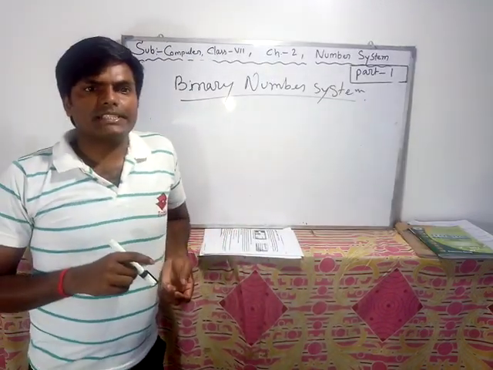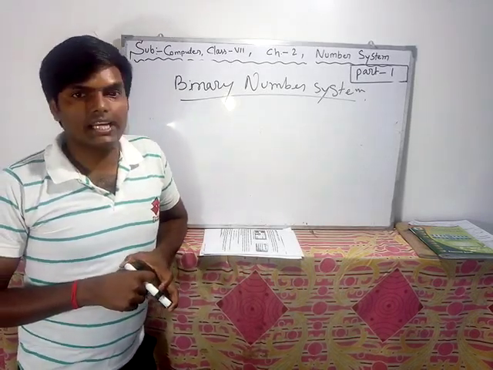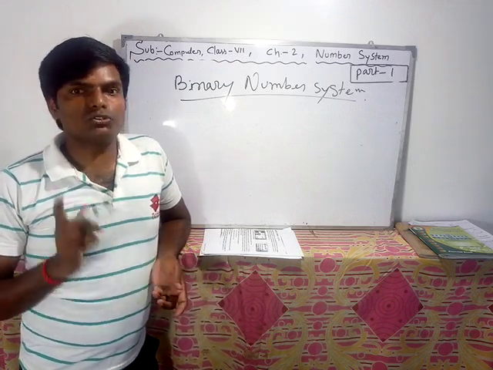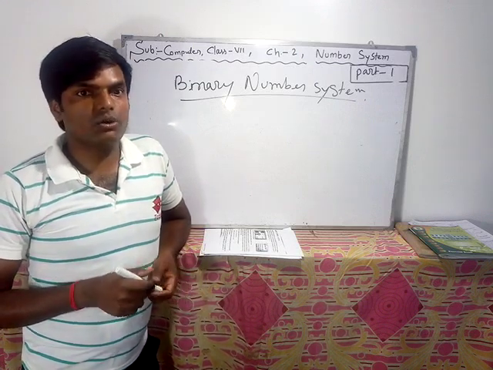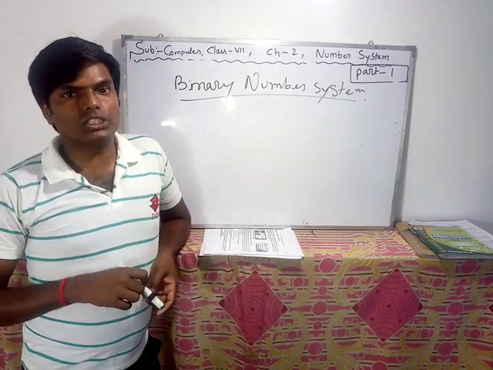The binary number system is also called base 2. It has only two digits, 0 and 1.